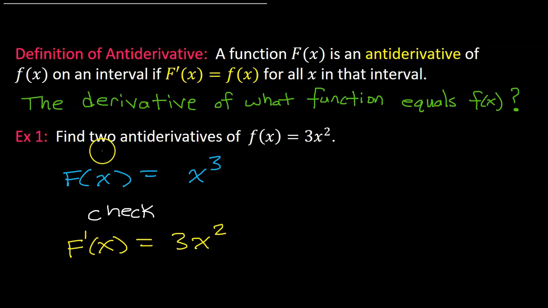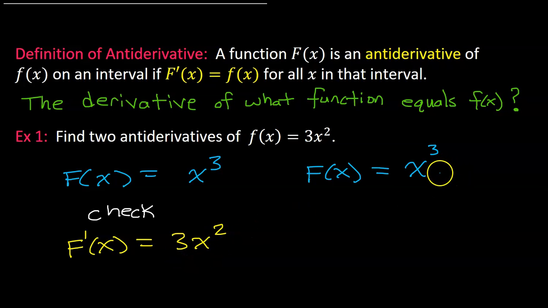However, the problem says find two antiderivatives of f of x equals 3x squared. Well, I already found the one that works. What else could there be? I don't know. Let's think about it for a second. Is there a way I could start with the same thing? Because I kind of need this in order to get 3x squared.